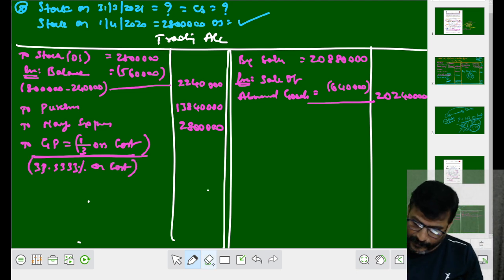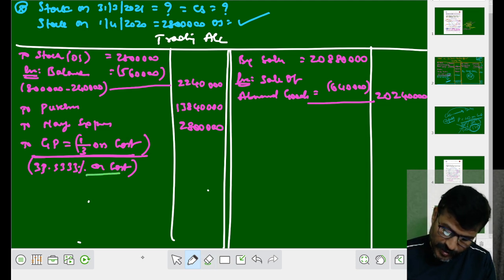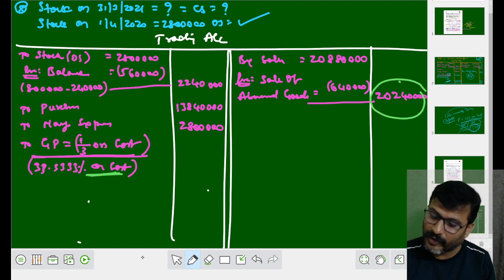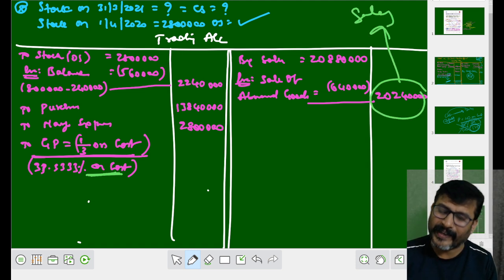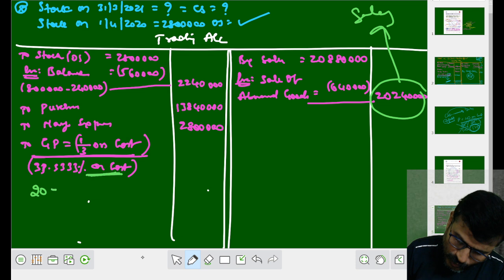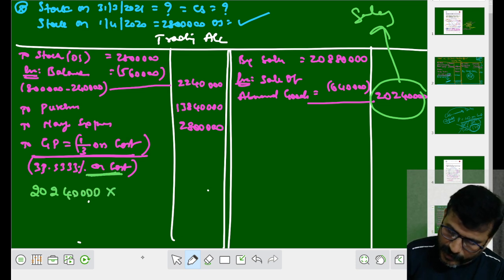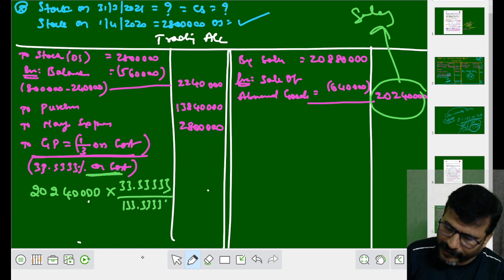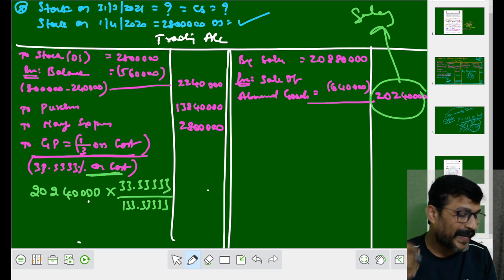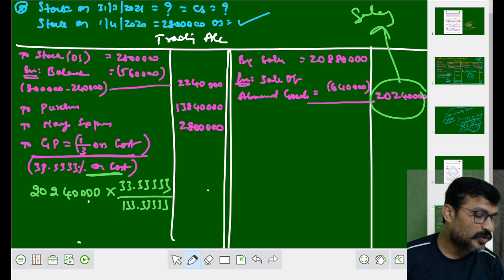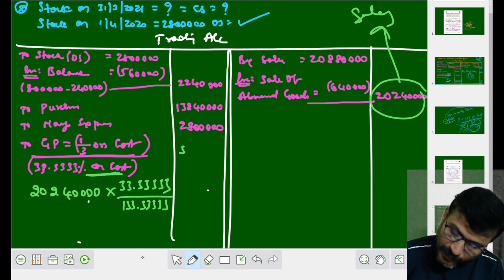See my dear student, the profit is on cost, but you have an amount of sales. Match or mismatch? There is a mismatch. Now what to do? You take the 2 crores 2 lakh 40,000 into 33.333333 by 133.33333333. You take the maximum number of 3s, it comes to rupees 50 lakh 60,000. How much is it?